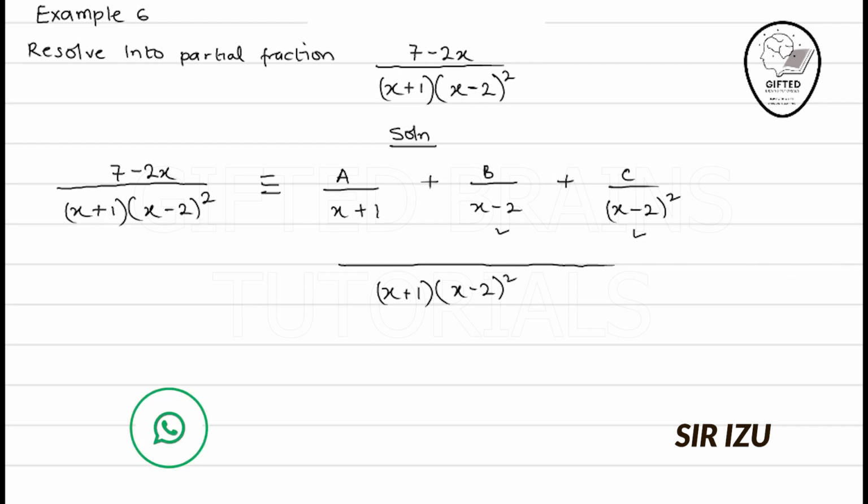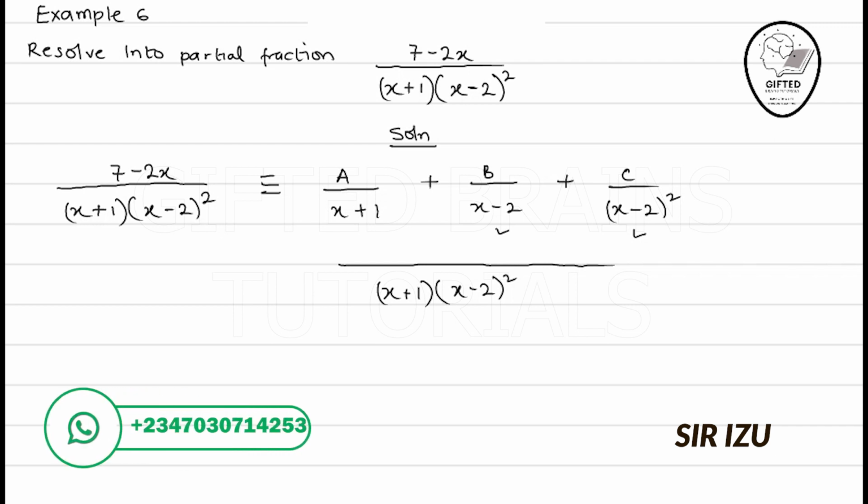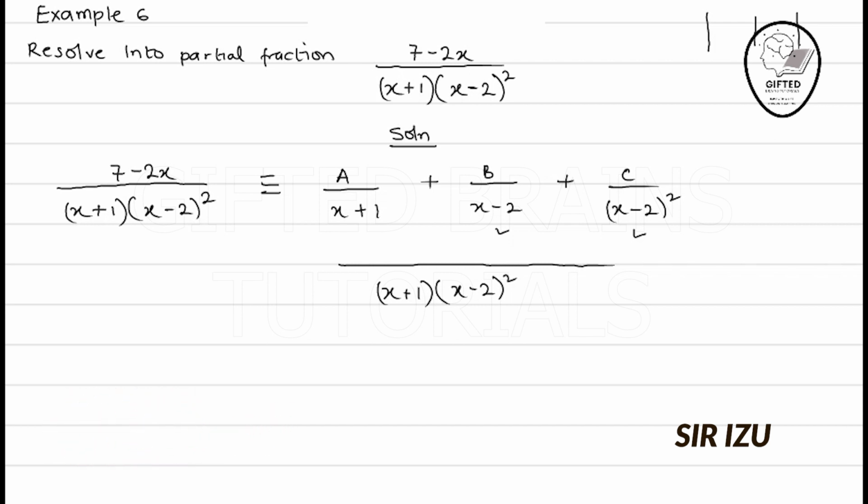If you want to do your LCM, let's just do that quickly here. We have x plus 1, and then we have x minus 2, and then we have x minus 2 all squared. If you are looking for your LCM, you look for what can be a factor. x plus 1 is a factor, and if it goes there, it gives us 1. This will still remain x minus 2, and this will still remain x minus 2 all squared.